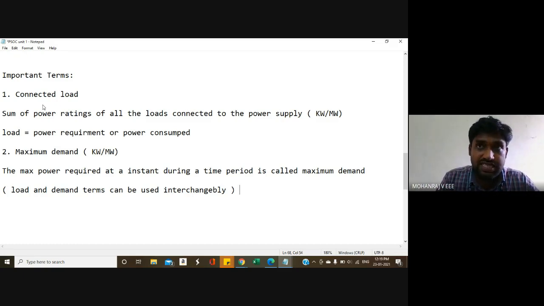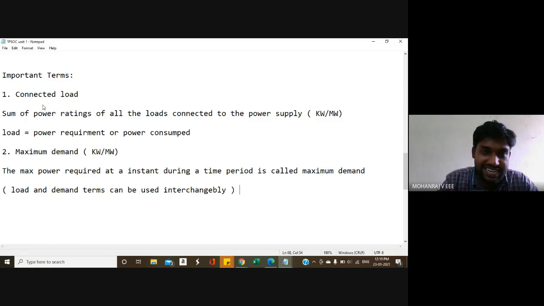At 12 p.m. it is 10,000 kilowatts. At 6 p.m. it is 4,000 kilowatts. So for this given time period, the maximum demand is 10,000 kilowatts, because at 12 p.m. I have a power demand of 10,000 kilowatts. For a given time period, the maximum power requirement is known as maximum demand.